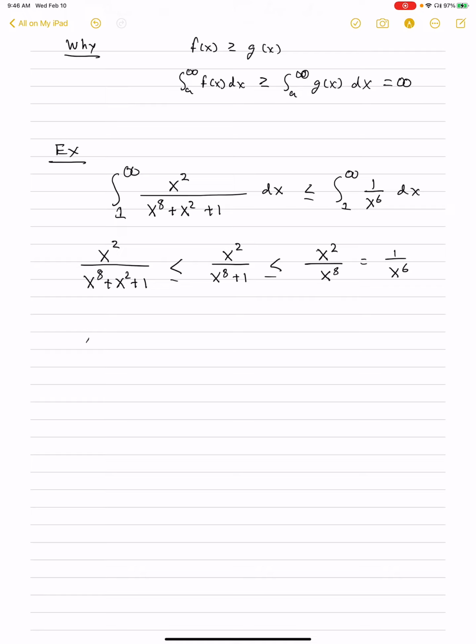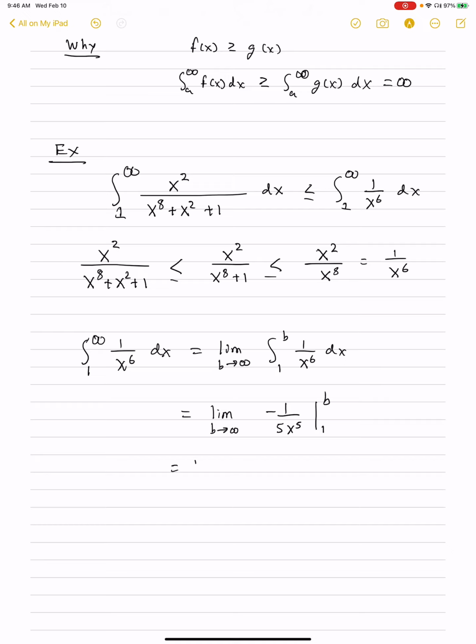Okay, so this integral from 1 to infinity of 1 over x to the 6 dx is equal to the limit as b goes to infinity of the integral from 1 to b of 1 over x to the 6 dx. Well, we anti-differentiate this, and we're going to get minus 1 over 5x to the 5th, from 1 to b.